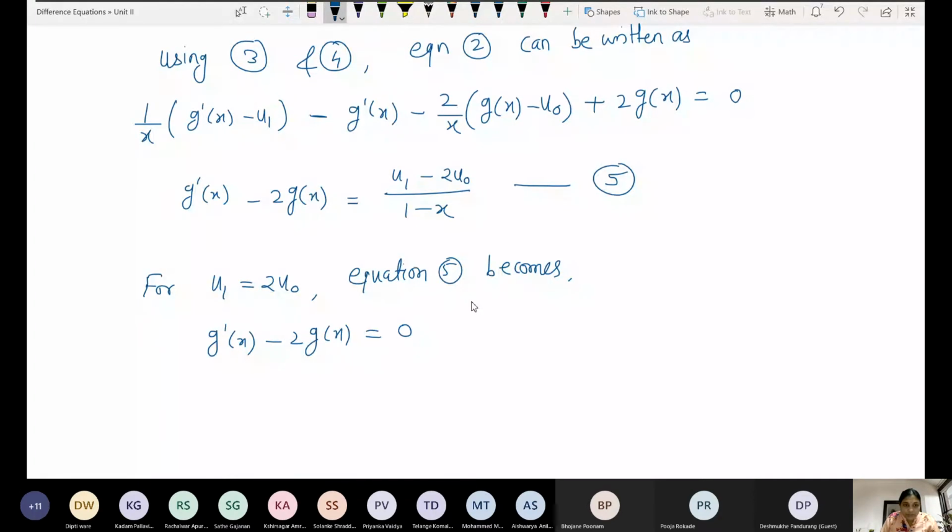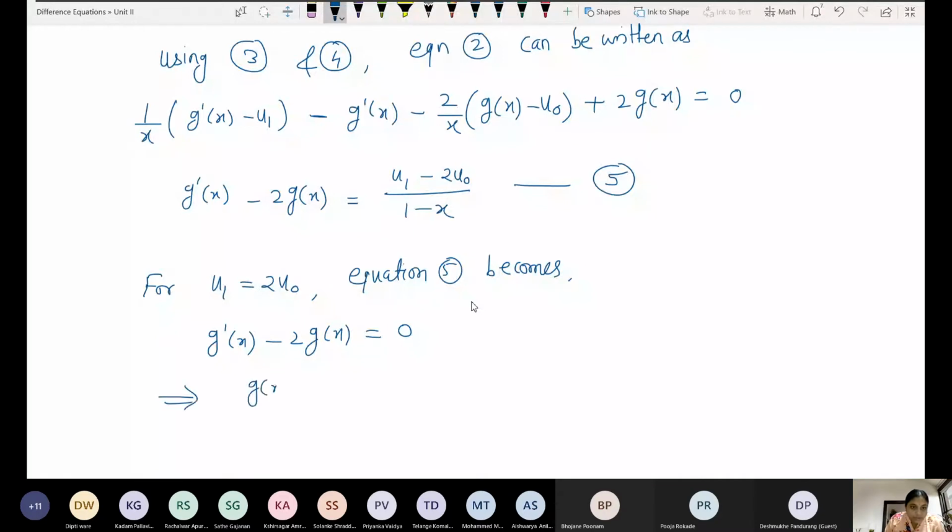If u1 is equal to 2 times u0, the right hand side goes to 0, and my equation 5 will reduce to a homogeneous differential equation. What will be its solution then?